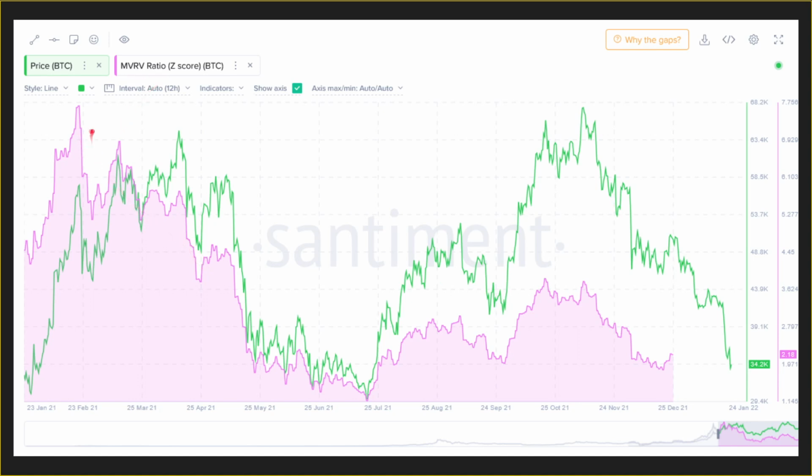So here we see multiple instances of the price of Bitcoin essentially increasing, and then overall the MVRV increasing as well. So this could be interpreted as a top signal, particularly in this first top in February, where the MVRV ratio hit a high of 7.75.